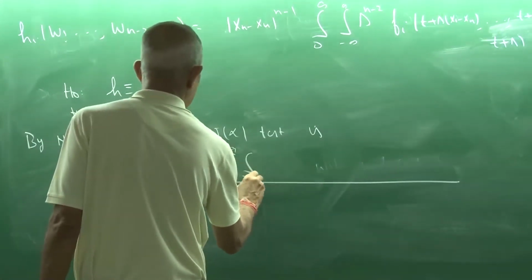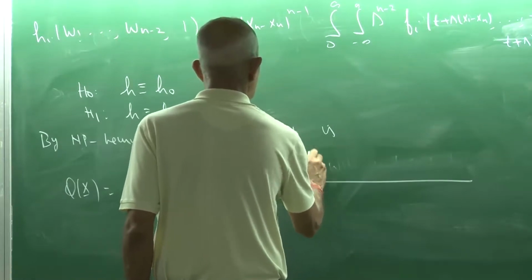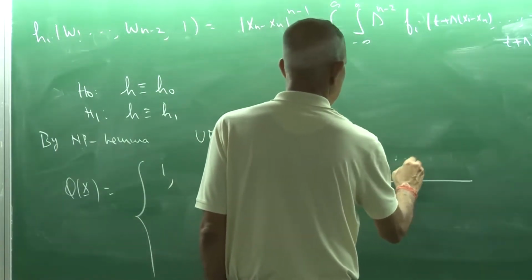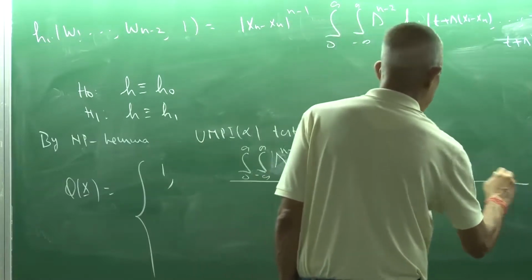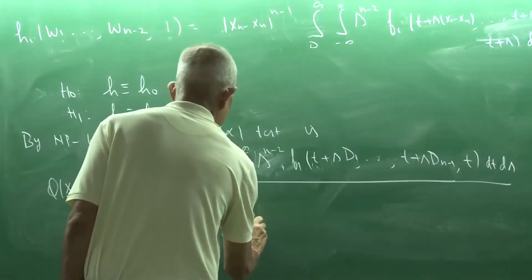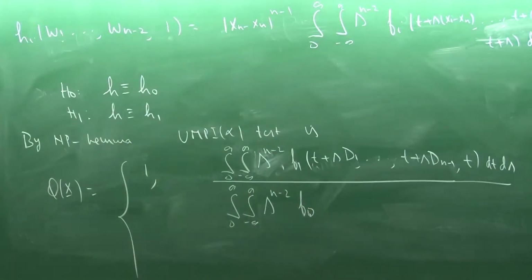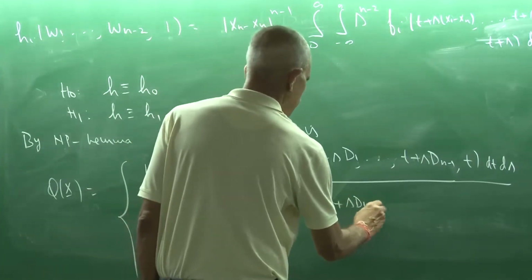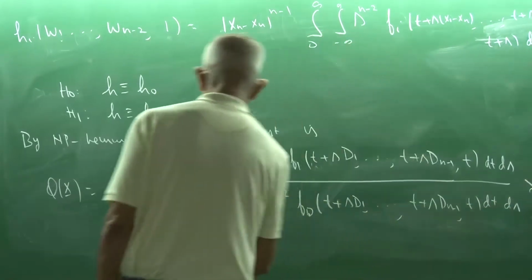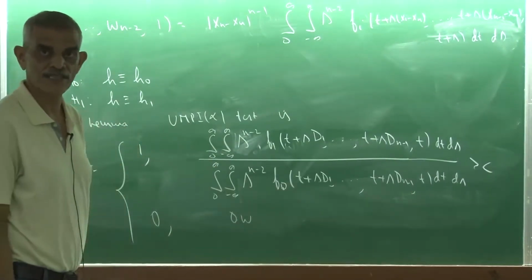So it is 0 to infinity, minus infinity to infinity, f1 of x, s to power n minus 2, f1 of t plus s times xn minus 1, t dt ds divided by 0 to infinity, minus infinity to infinity, s to power n minus 2 f0, that is under H0, of t plus s times xn minus 1 t dt ds, is greater than c, 0 otherwise, and c is chosen so that the expected value of phi x is exactly alpha.